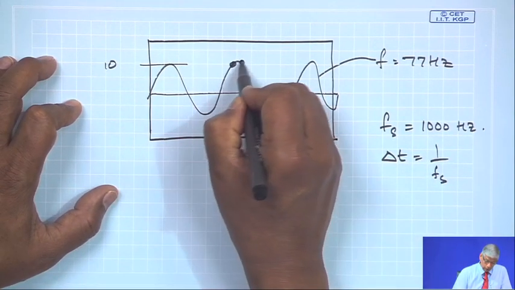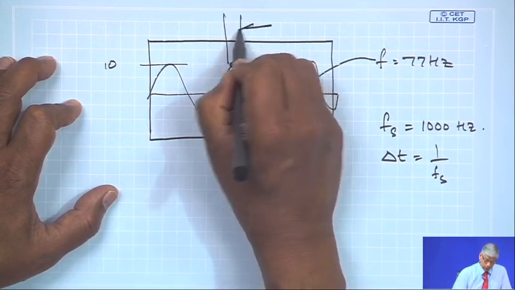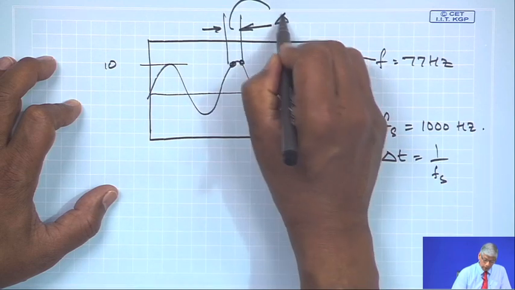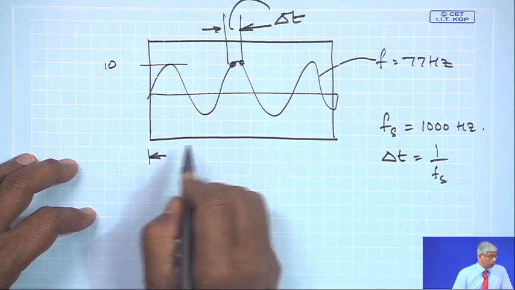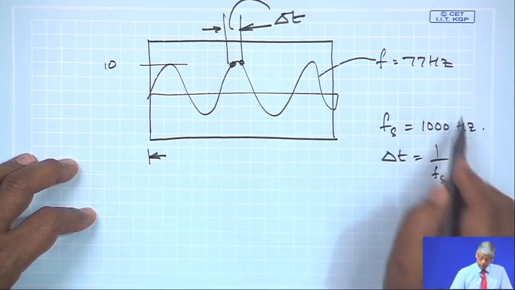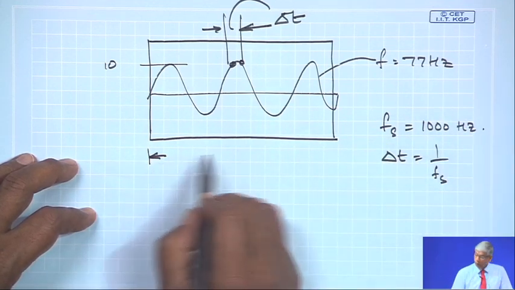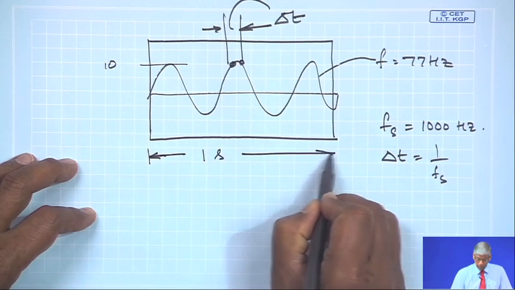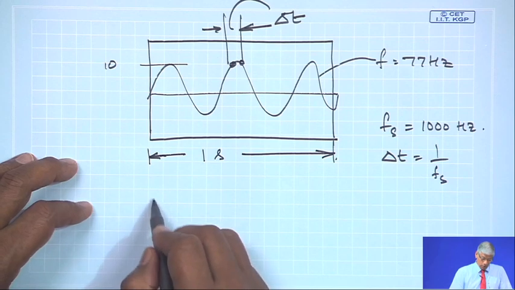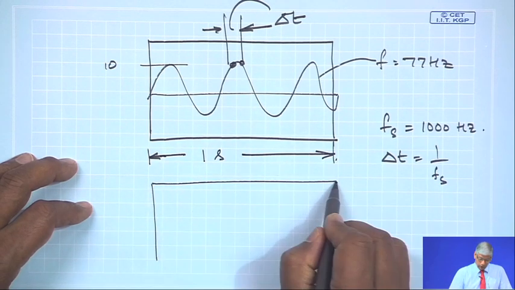This is my delta t between points. I took n equal to 1000, and the total time was 1 second.